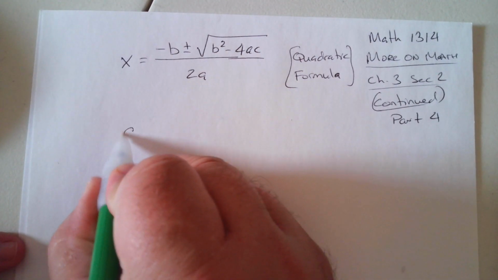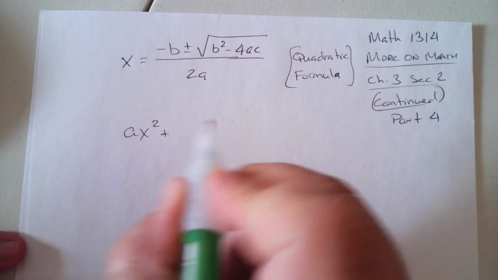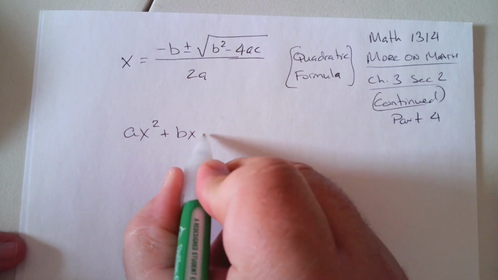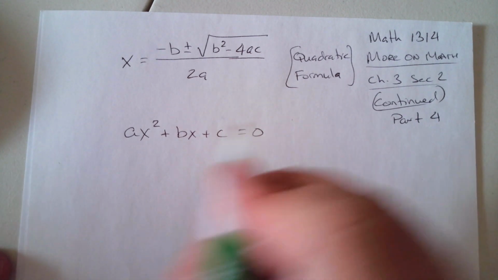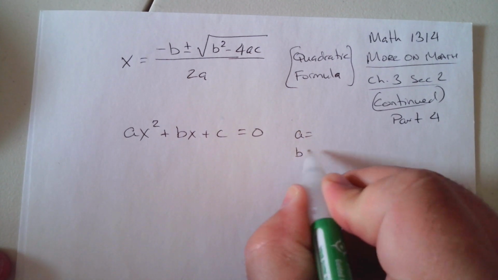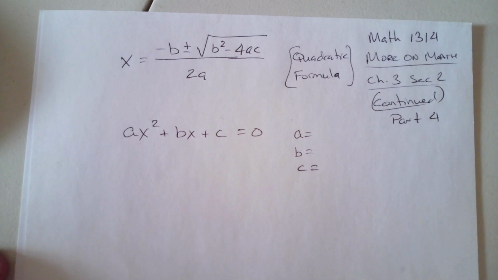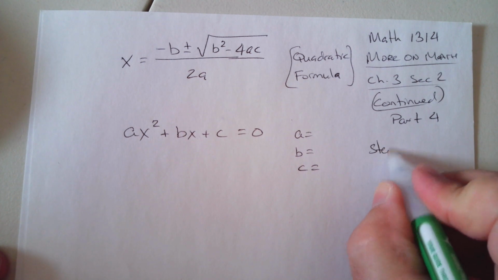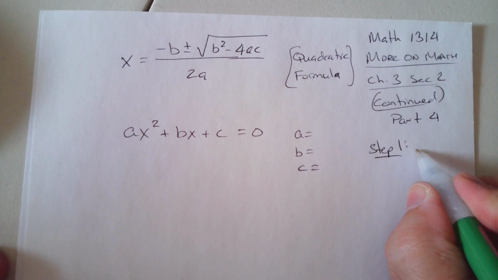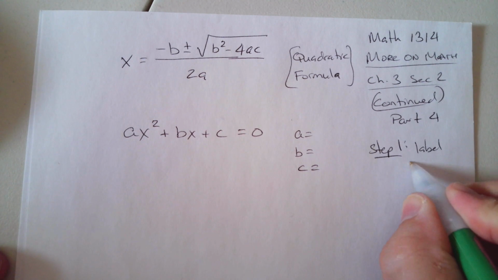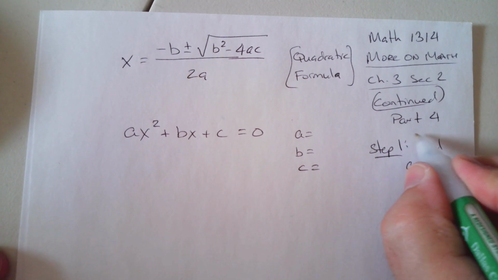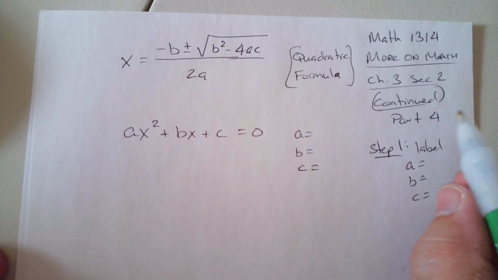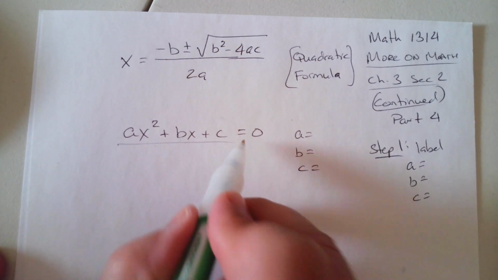Remember, you start off with the quadratic equation in standard form. Label A, B, C. Plug them in and work it out. Those are only 3 steps. Step 1, label A, B, C. Actually, remember, it has to be in standard form first.